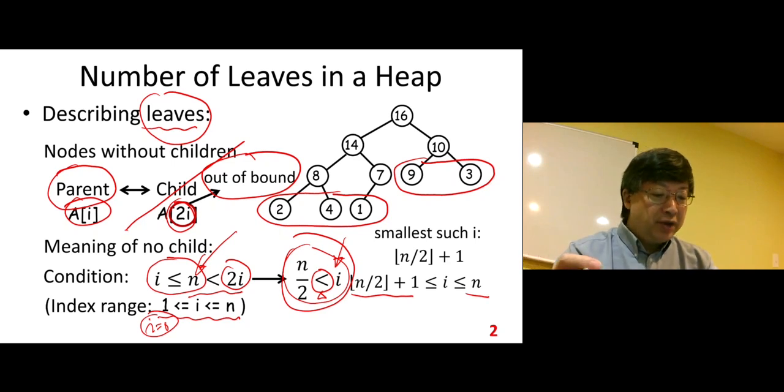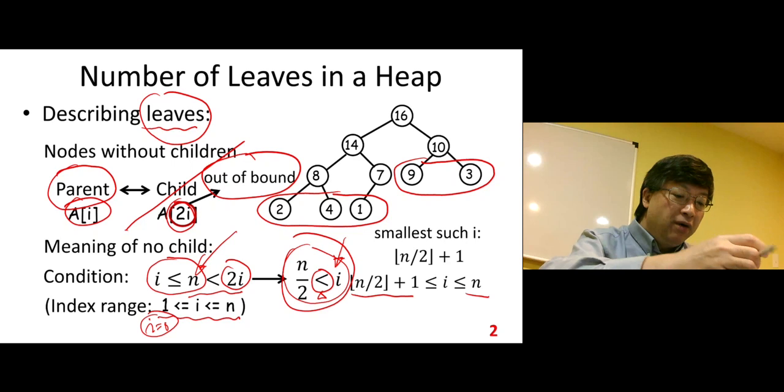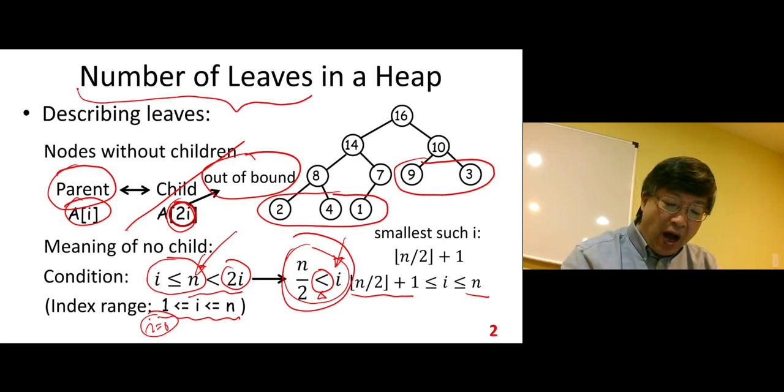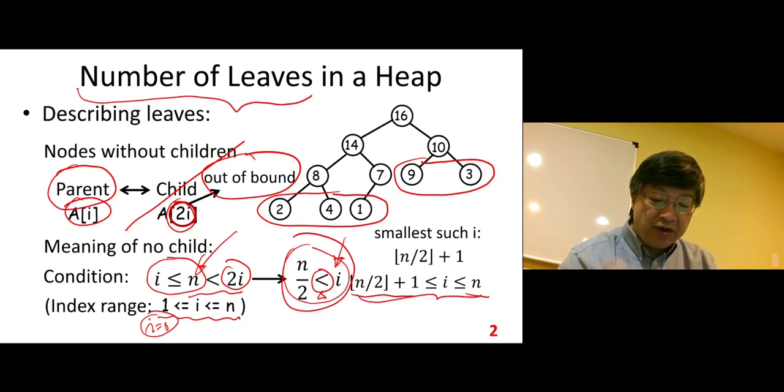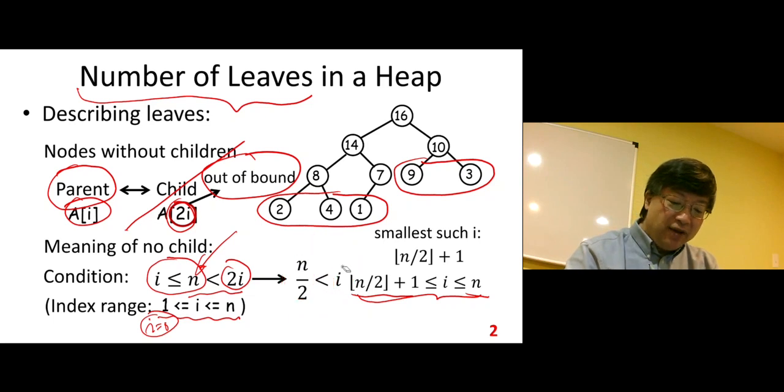All right. So now we can answer the question. What is the number of leaves in a heap? We need to do the counting. How many i's are in this range? To count that, I hope you can count carefully.